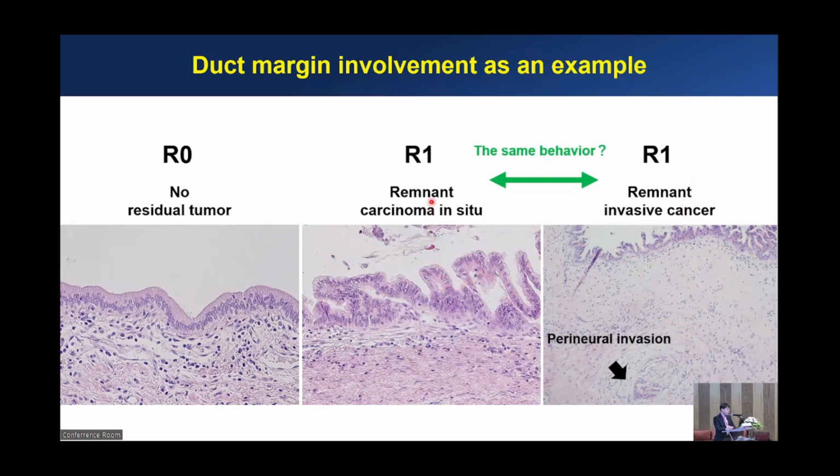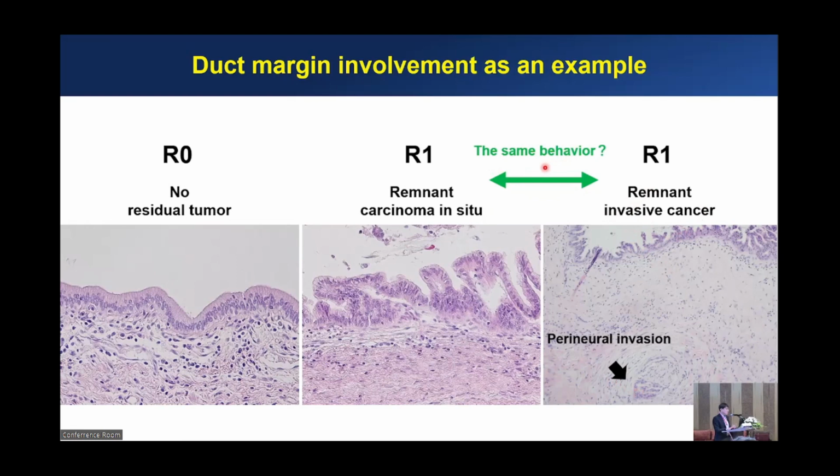And this is R1 with remnant carcinoma in situ. In situ cancer cannot penetrate the basal membrane, so it has less invasive tumor behavior. But this one is invasive, penetrating the basal membrane into the perineural space, so it has an aggressive character. So the question is, do both have the same behavior or not?